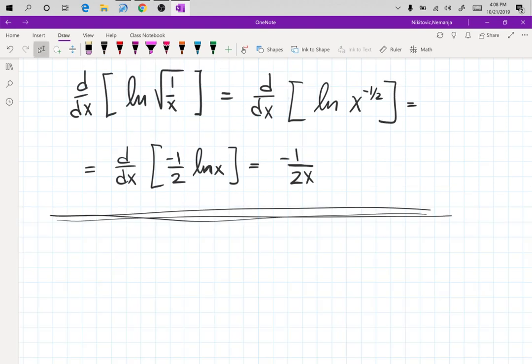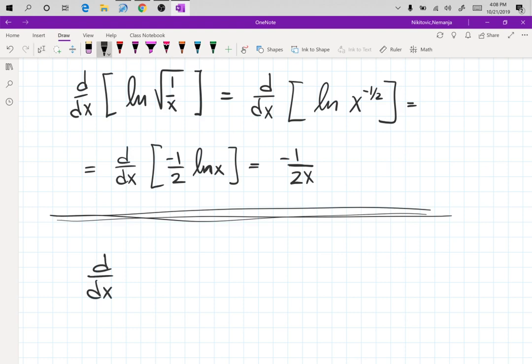All right, so now that you are masters of these derivatives, and you studied the product rule and the quotient rule and the chain rule, and you know all of these kind of things, we can have some fun, right? Yeah.